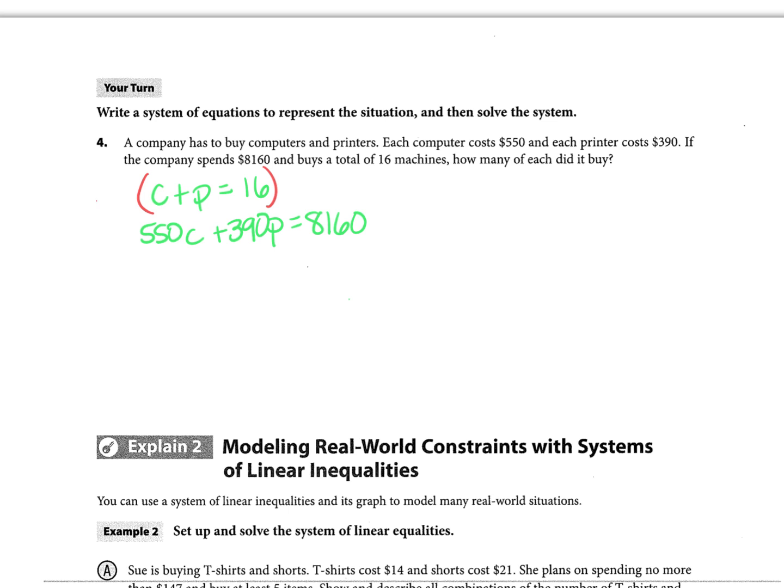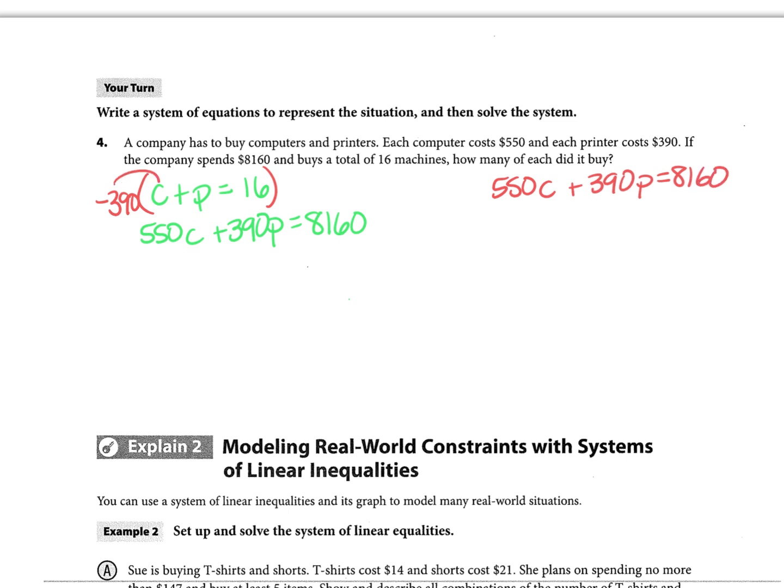I'm going to eliminate p. If you choose to do this a different way, that's totally fine. You can still arrive at the same answer, so check at the end to see if you get the same result as I did.